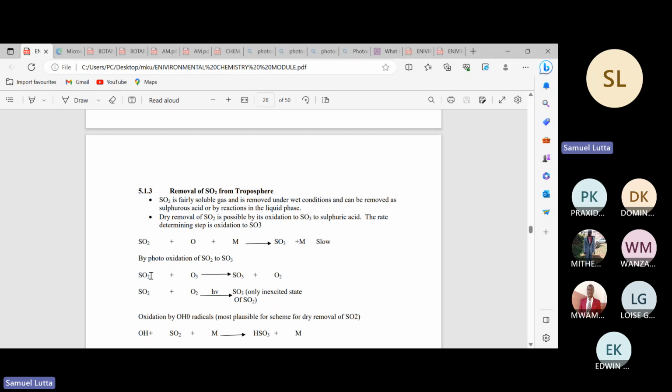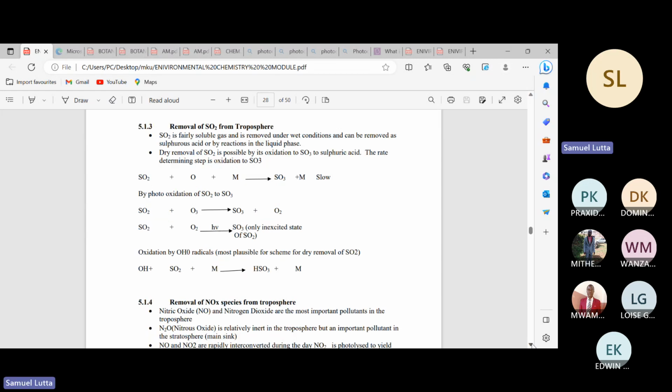In the process, you get sulfur trioxide and oxygen gas. And this reaction can continue and continue. So the same oxygen that is formed here can also react with the sulfur dioxide in presence of UV light to give you sulfur trioxide.